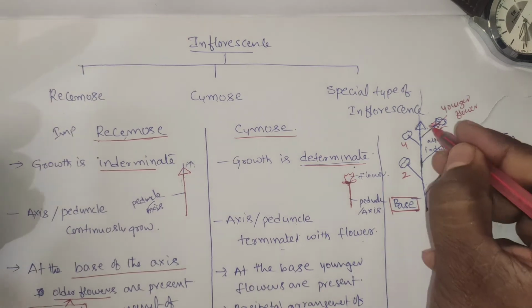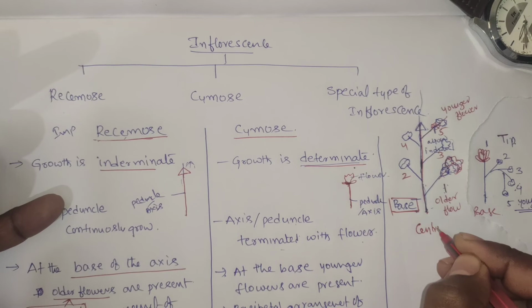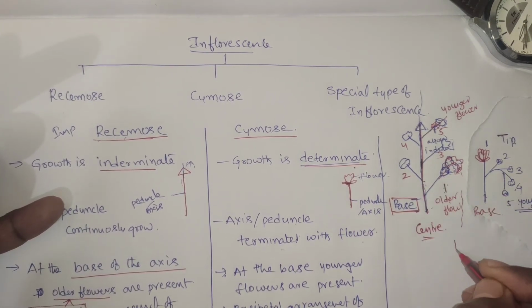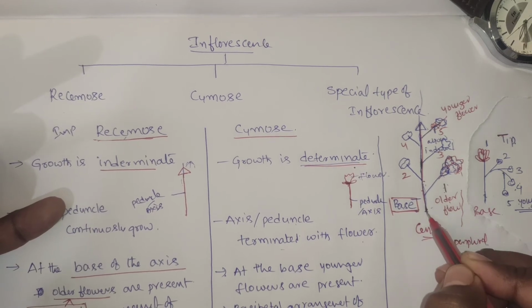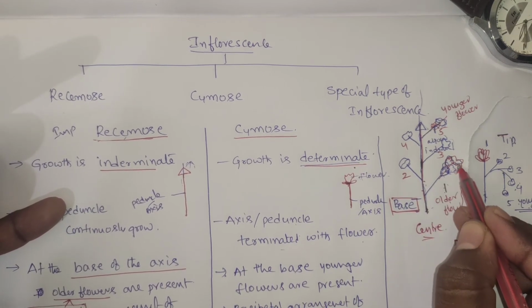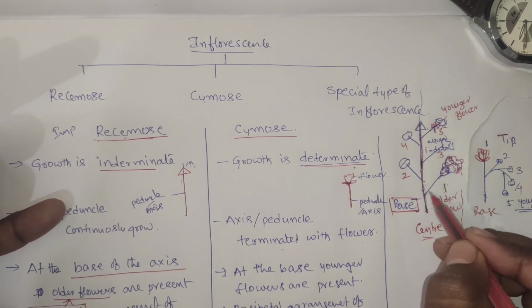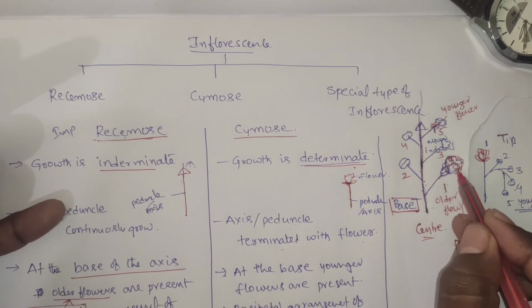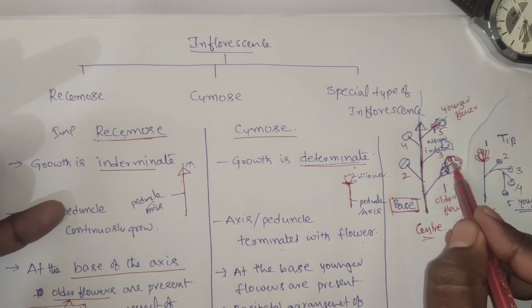See, this is the central axis. This is the center, and at some distance from the center it is peripheral. The flower which is opened has some distance here, and after that distance the flower can be opened, which means it is the peripheral flower. So the peripheral flower is opened first.